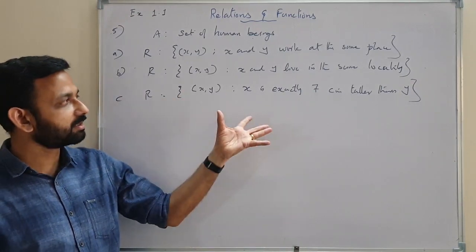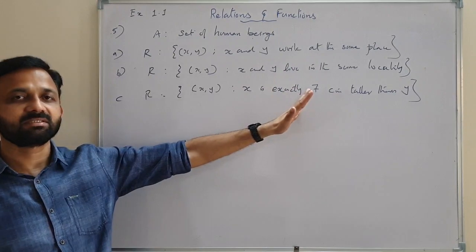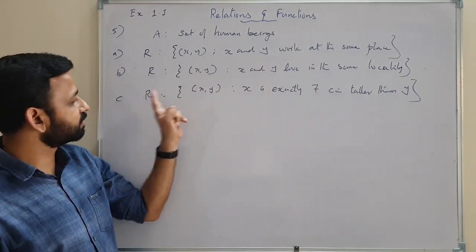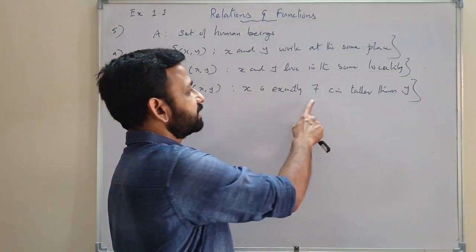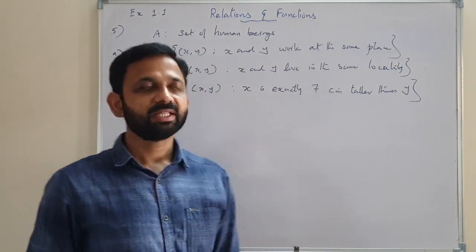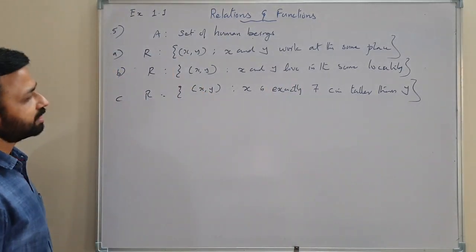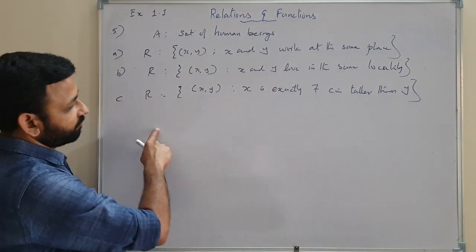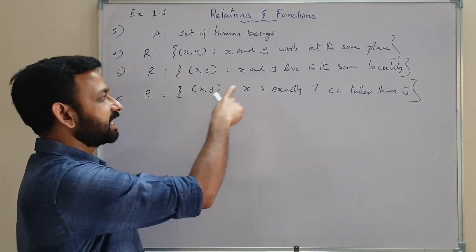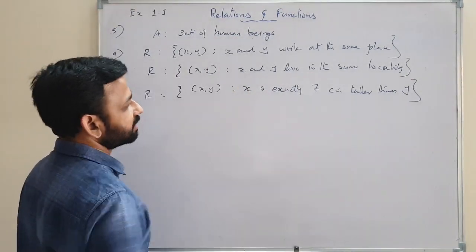X is not 7 centimeter taller than x. Therefore, ordered pair (x, x) does not belong to R. Therefore, it is not reflexive. Then symmetric. Suppose (x, y) belongs to R. That means x is exactly 7 centimeter taller than y.